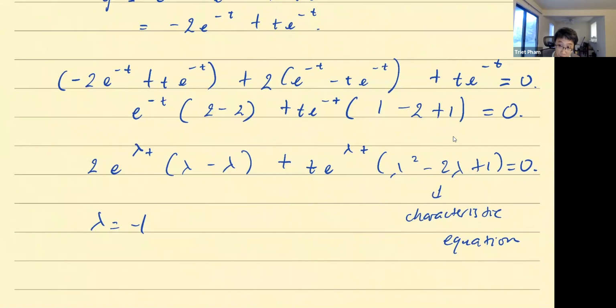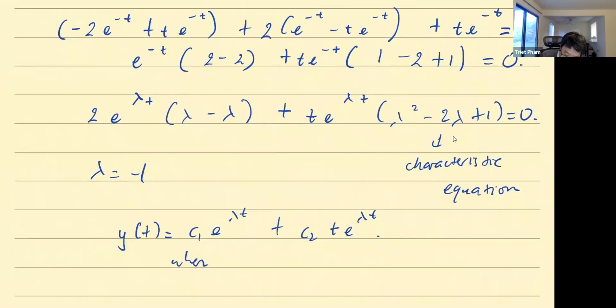Now, if you don't want to get into all of this kind of explanation, then you can just remember that one solution is e to lambda t, and another solution is t e to lambda t. That's it, when lambda is a repeated root.